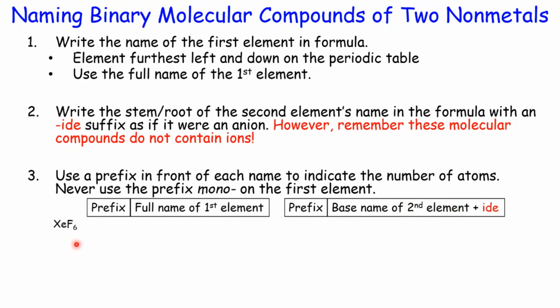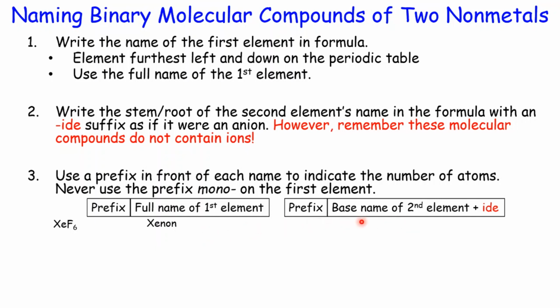Let's take a couple of examples. Here, Xe, the prefix for the first one, there's nothing. So we just write the full name of the first element, xenon. We don't write down mono because it's the first element and just 1 item there.